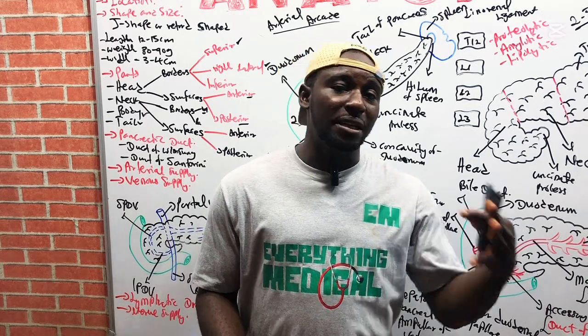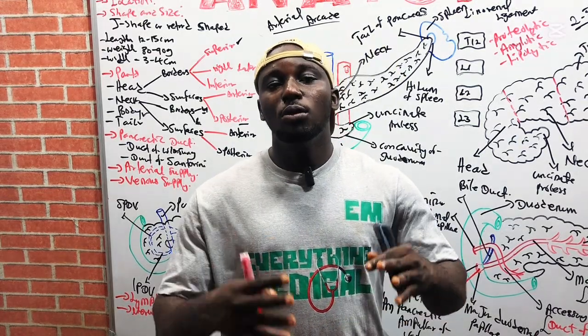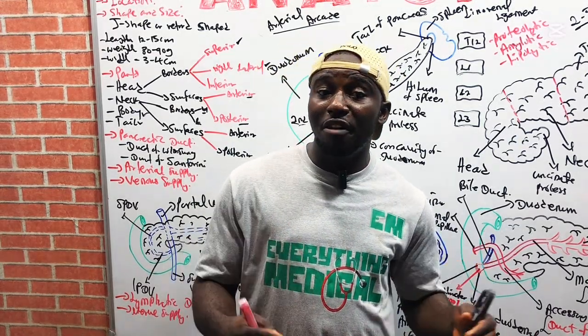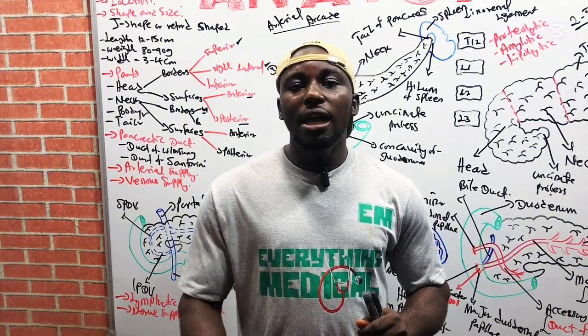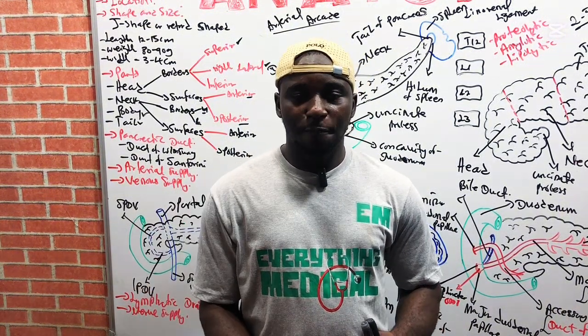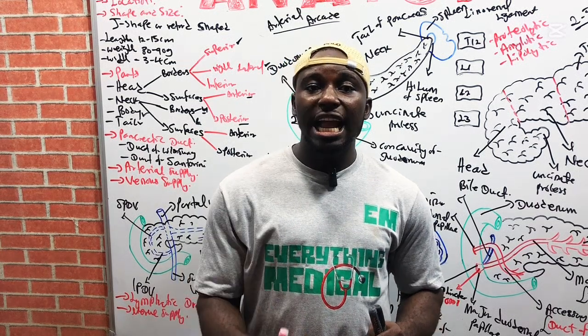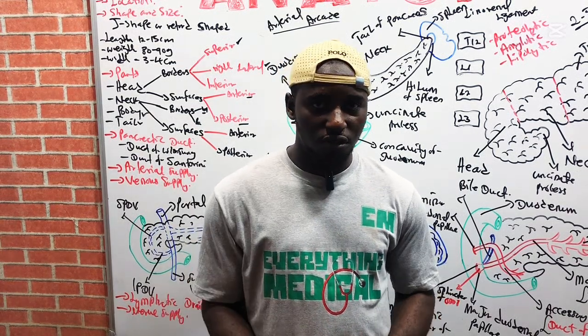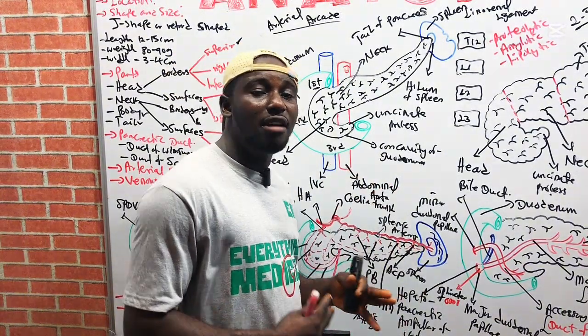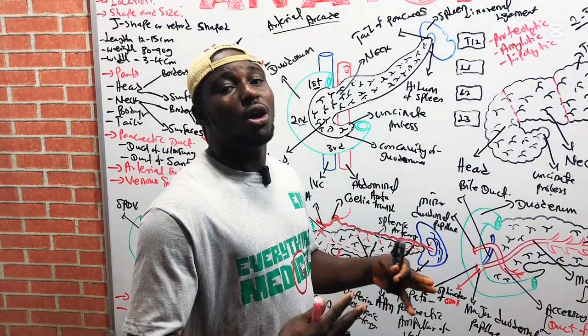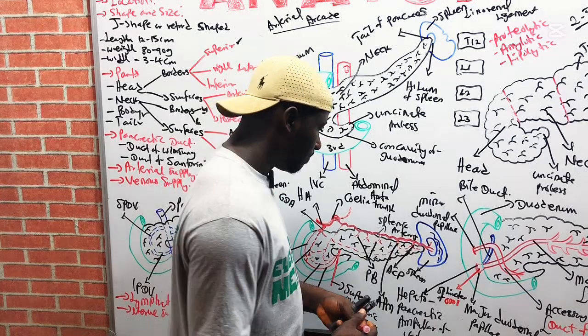Now, the sympathetic nerve innervation of the pancreas is purely vasomotor, while the parasympathetic is concerned with pancreatic secretion, right? So that is how it works. That is the nerve innervation system of the pancreas.